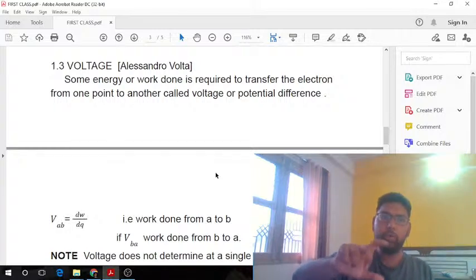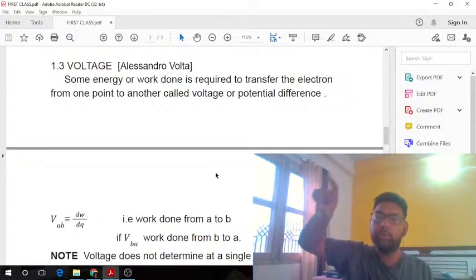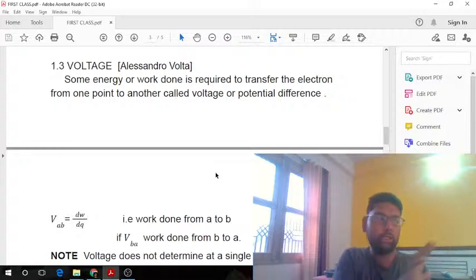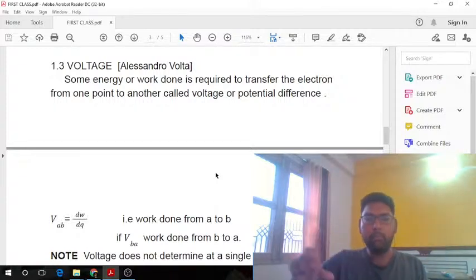Work done from A to B means what? The number of charges flowing through the whole circuit, completing the circuit and coming into the negative.